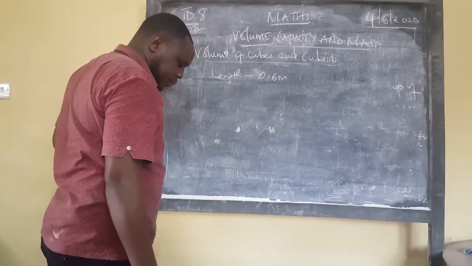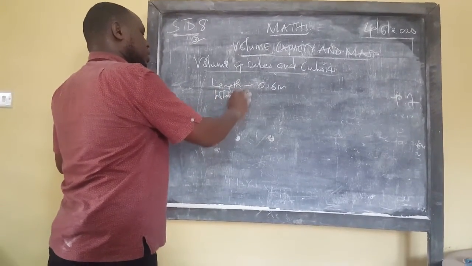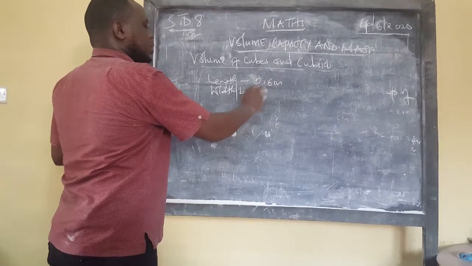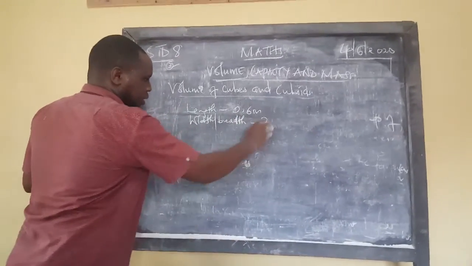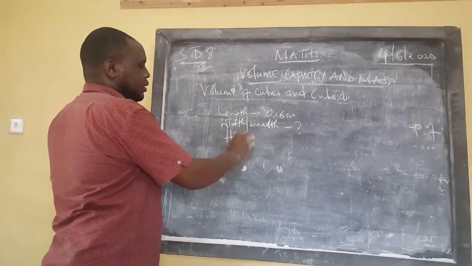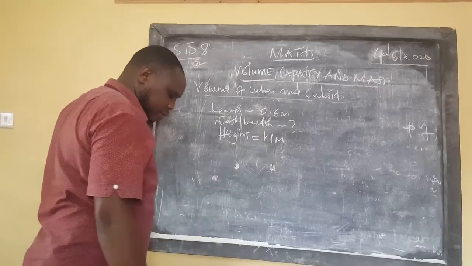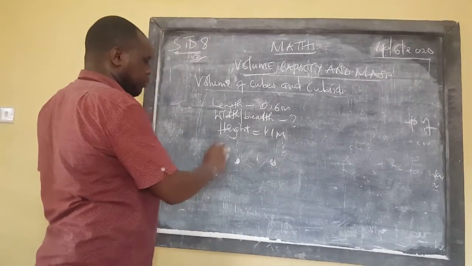Then the width is not given, which they are calling breadth. In this case, breadth is not given, and then they are giving the height. The height is given as 1.1 meters, and then the volume is given as 0.594.